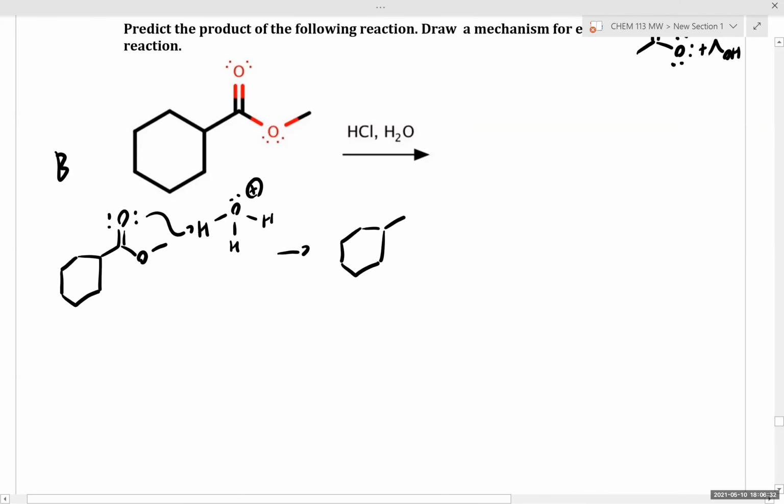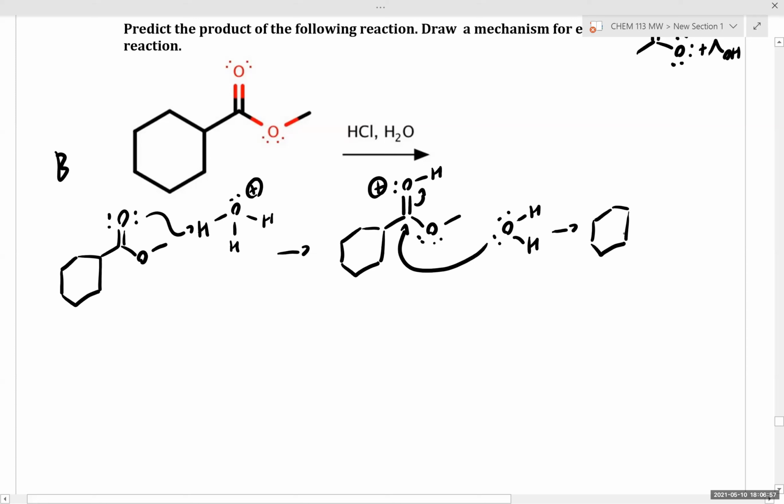We talked about this in the context of the leveling effect all the way back in chapter 2 of Chem 112. Generally, the most acidic species in solution is going to be the conjugate acid of your solvent. Anyway, so we protonate our carbonyl. Water then attacks the electrophilic carbonyl carbon, and we get this tetrahedral intermediate.